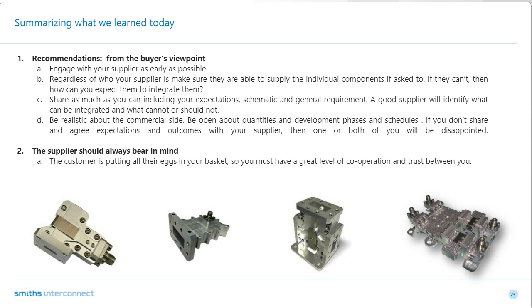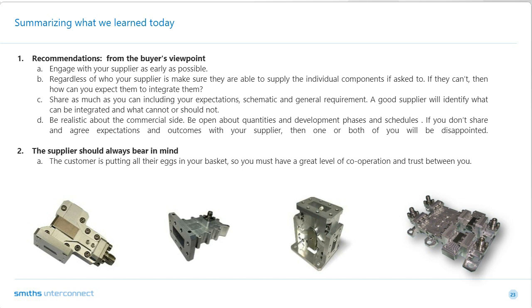And again, be realistic on the commercial side. There are going to be development phases. Quantities are even more critical on a multifunction assembly than on an individual component. Driving that cost down obviously happens over a learning curve, and quantities drive that.